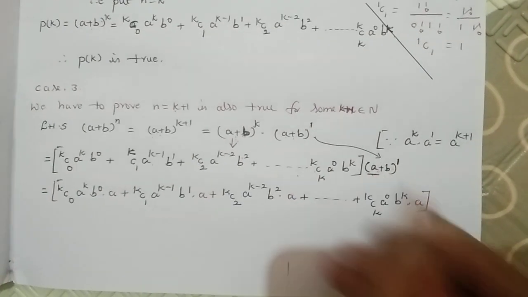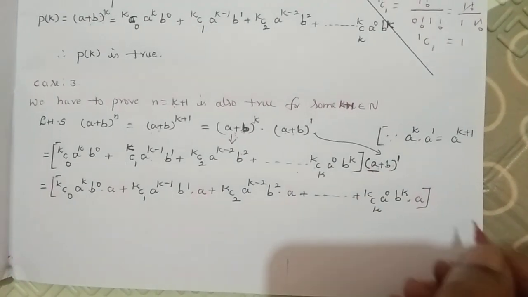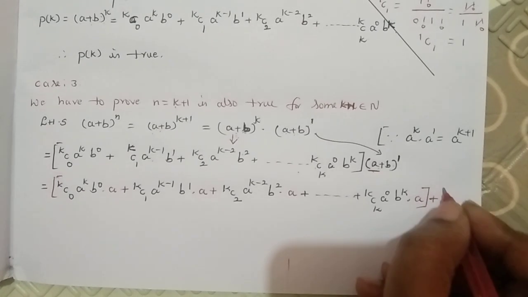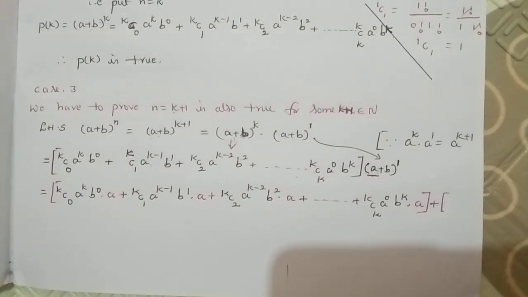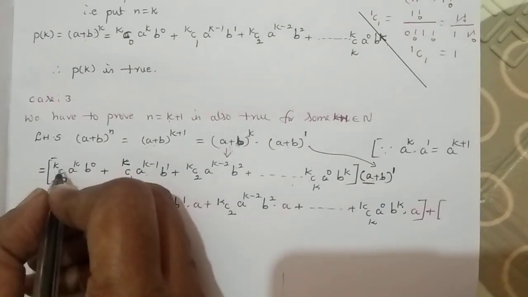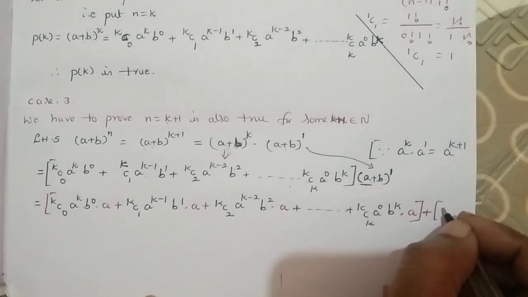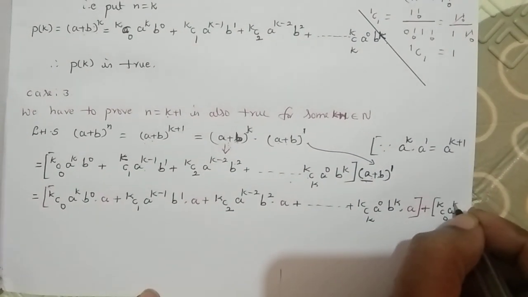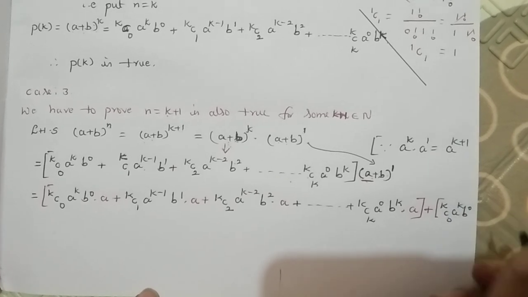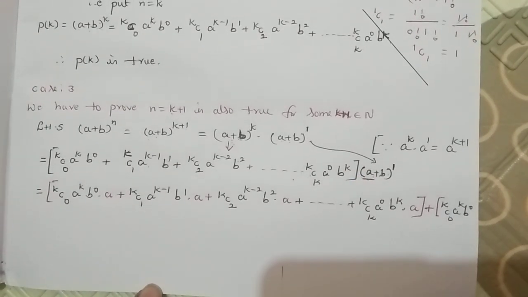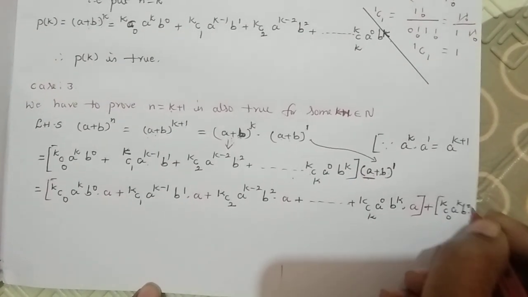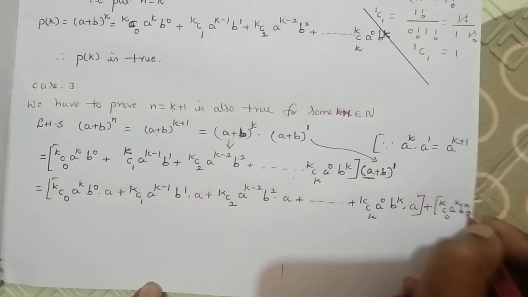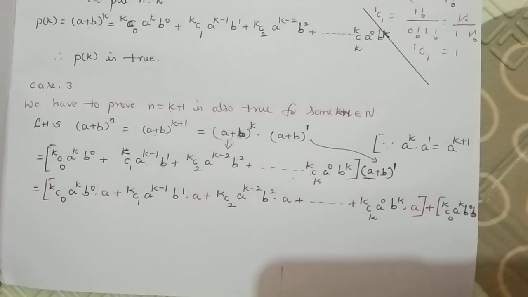Next, plus, again we have to do the multiplication with b. See, kC0 a^k b^0 into this b.